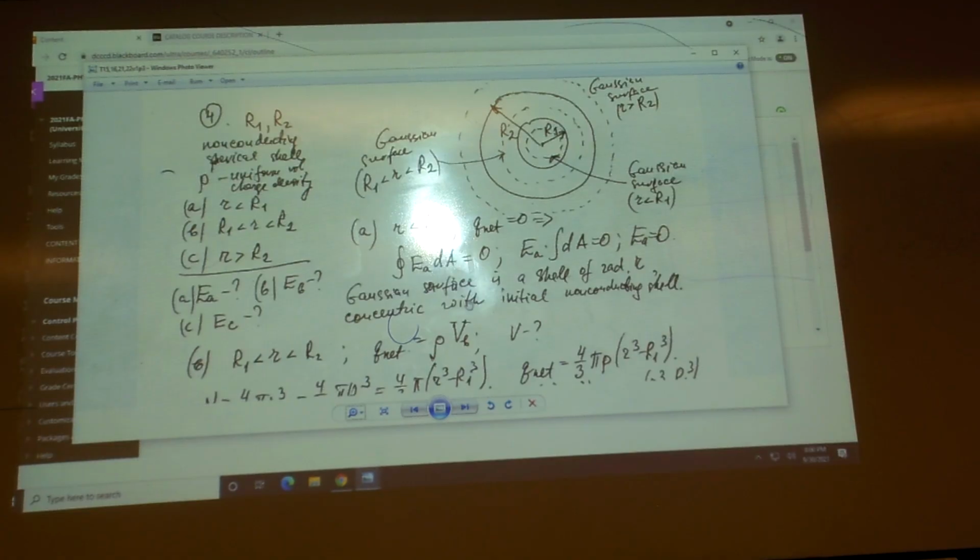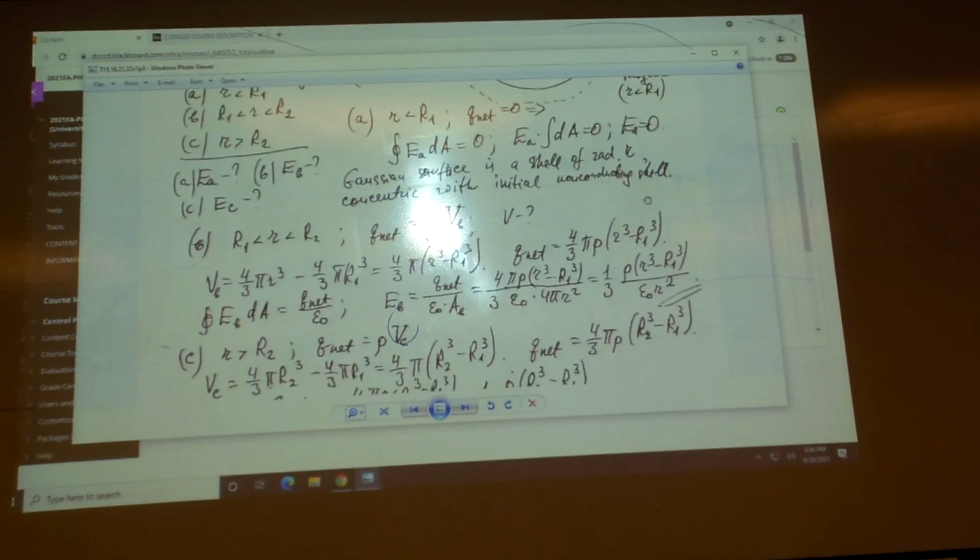Smaller radius you take, still between R1 and R2, the smaller radius you have, the less charge, right? If you get closer to R2, more and more charge will be enclosed. So we keep that in mind.